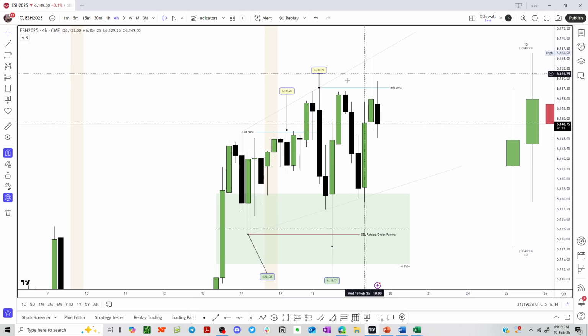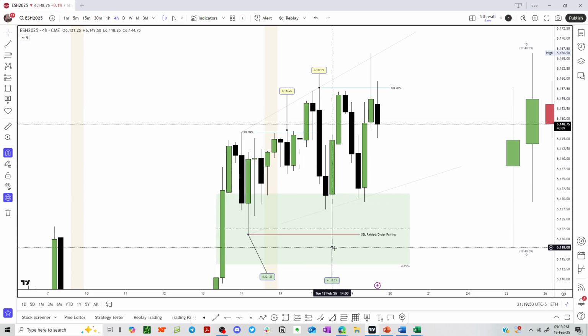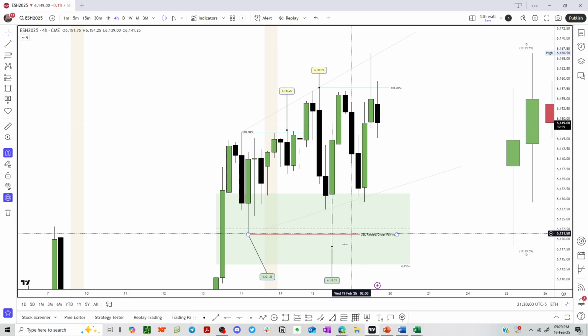So anyway, you have here price ran this right here. So we can go, okay, that's external range liquidity, right? So again, internal range to external, ran above these highs here. Ran above the bodies of the candles here. Back to internal range liquidity again.